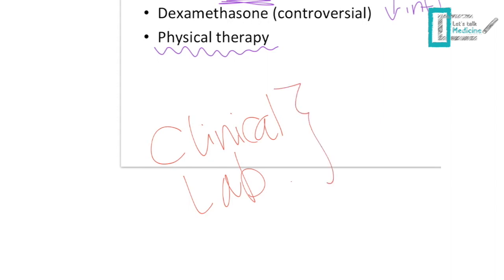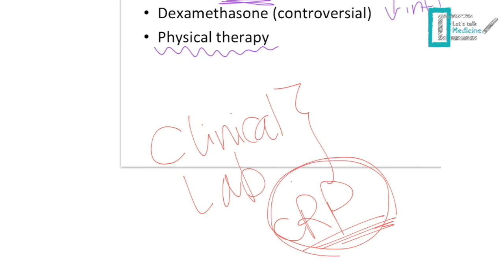For example, you have resolution of the fever, decreased joint pain, swelling, or erythema, increased joint mobility, decrease in the white blood cells, either in the peripheral blood or in the synovial fluid with the aspirations, and also decrease in the ESR and the C-reactive protein. C-reactive protein, as we said, is more sensitive than the ESR. That's why it's usually used for checking the response of the therapy.